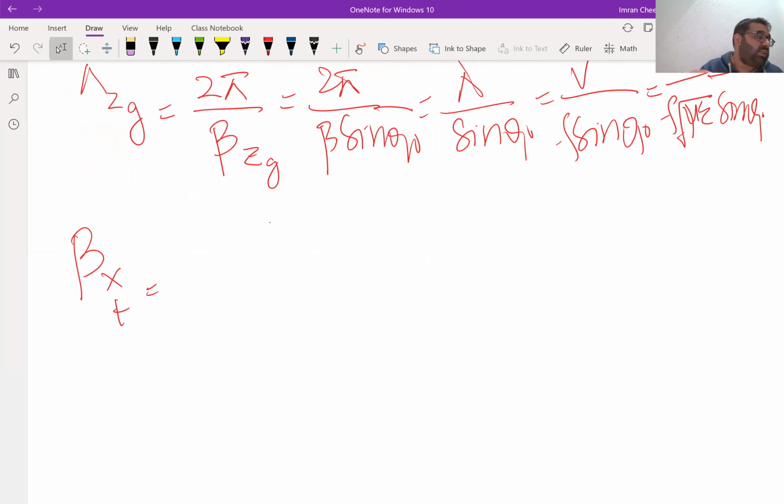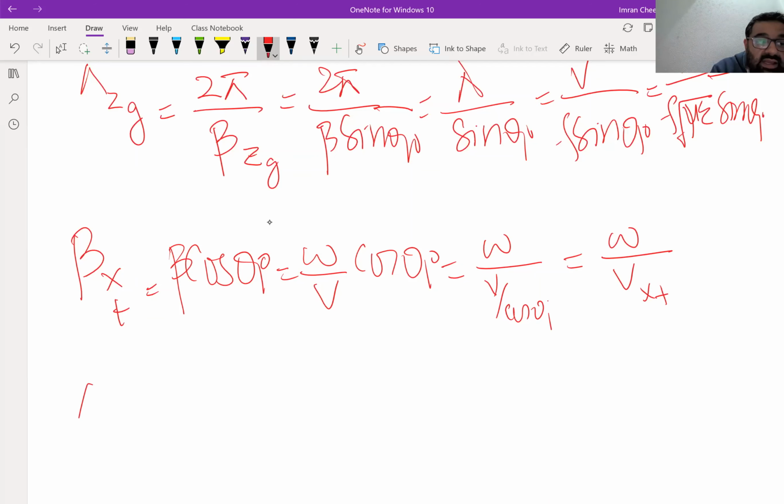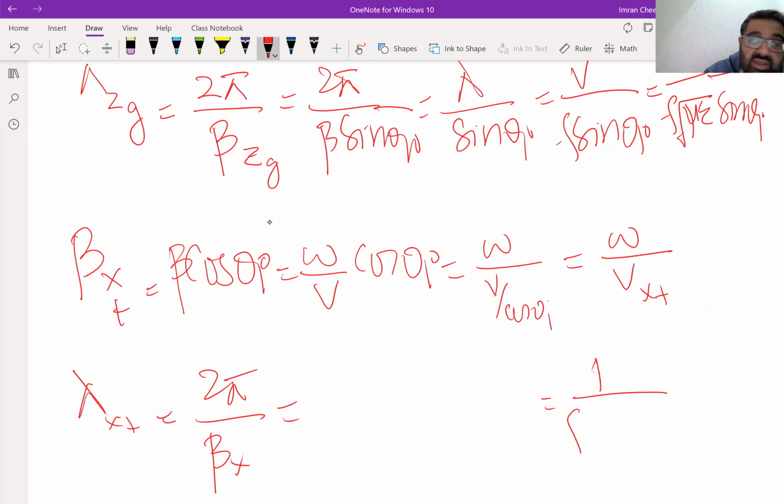So beta transverse direction is beta cos theta I, which is the same as W over V cos theta I, which is W over transverse velocity. And similarly, on the same lines, you can write the transverse wavelength because on dimension में transverse wavelength would be different. उसी line के ऊपर, so it would be 1 over F root mu epsilon cos theta I.